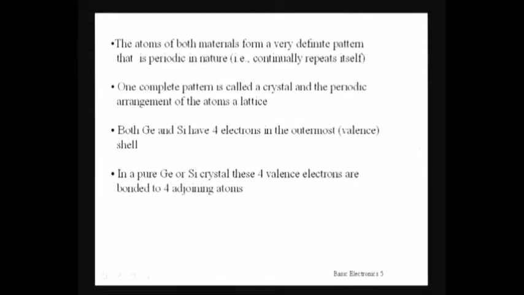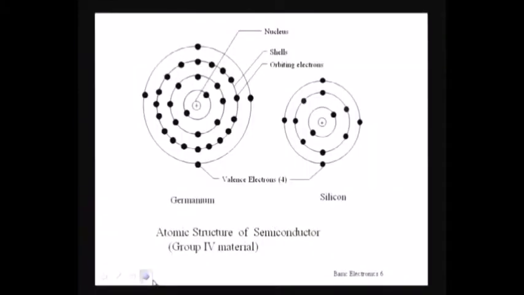In order to complete the structure of an inert gas, they will always try to complete 8 electrons in the outermost orbit. So in the pure germanium or silicon crystal, these 4 valence electrons will be bonded to 4 neighboring atoms as shown in this diagram.